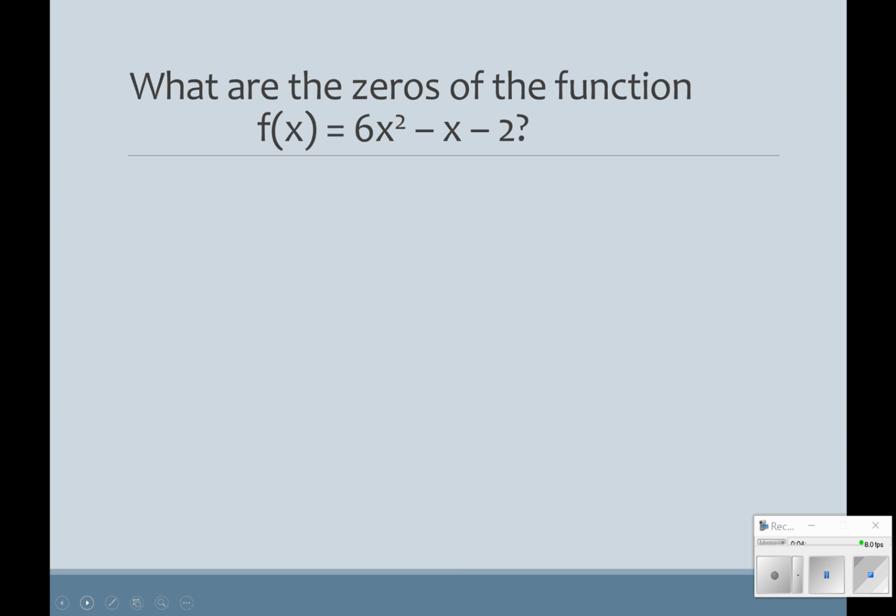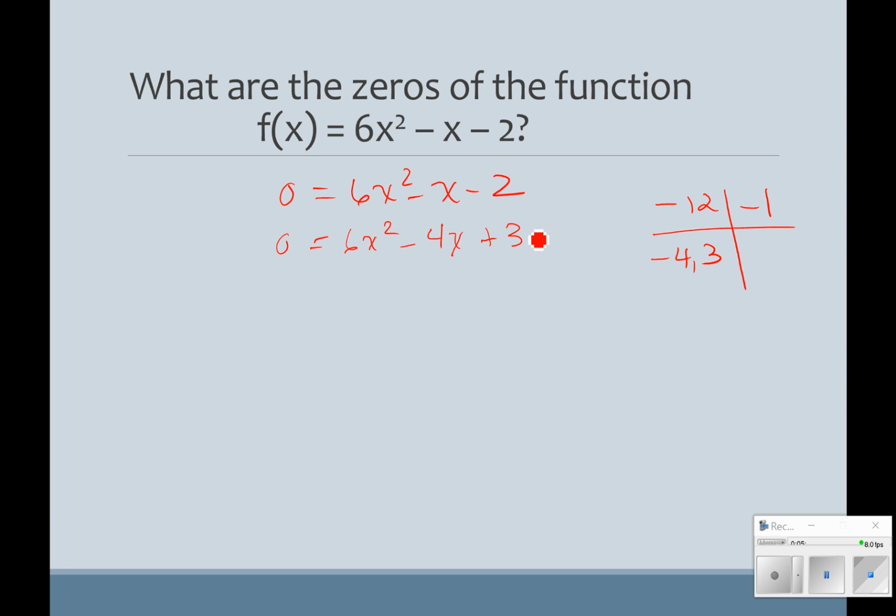What are the zeros of this function? Again, we can write it as 0 equals 6x squared minus x minus 2. And I can find factors of negative 12 that add to negative 1. That's going to be negative 4 and positive 3. So we can split the middle term: 6x squared minus 4x plus 3x minus 2, and factor.